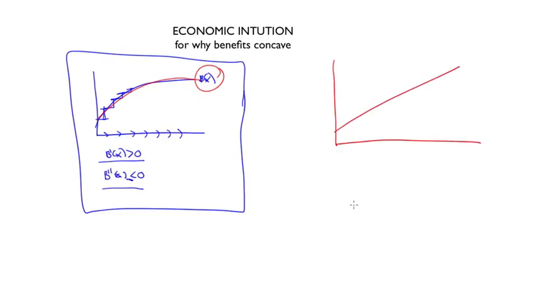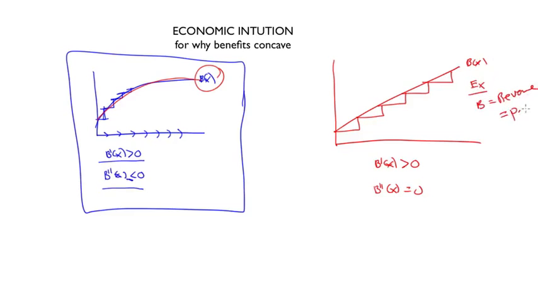Now, there are some economic situations in which the benefit function is linear. It looks like this, okay? So this will be b of x, and in this case, b prime of x will be greater than 0 and b double prime of x will be equal to 0. This is a situation in which every additional unit will generate the same additional benefit. A typical example of this is in the case of the firm, when the benefit is revenue, so it's equal to the price of sale times how many units have been sold.